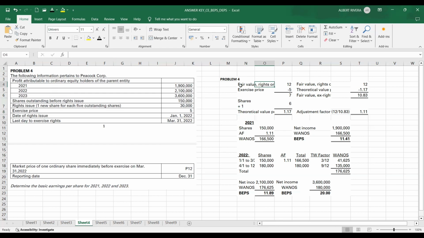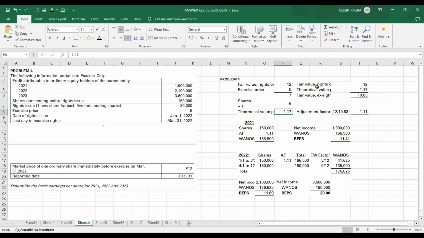Fair value of shares, at rights on, minus the exercise price divided by the number of shares to purchase one share, which is 5 plus 1. So this would be 12 minus 5. This is 7 divided by 6. This is now the theoretical parity value formula, or the theoretical value per right.